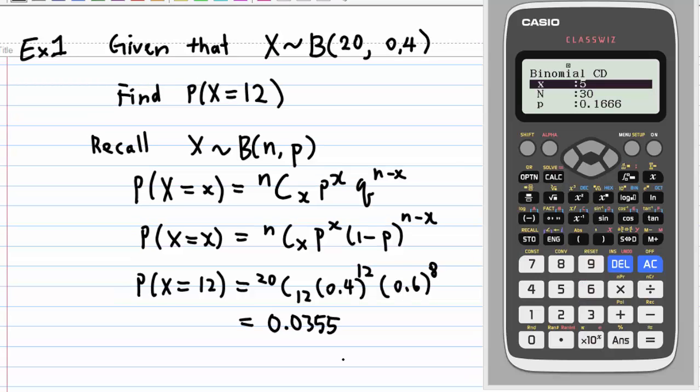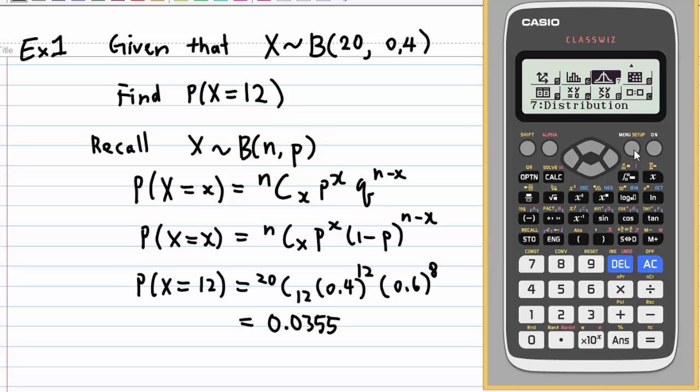We can also get the same answer by using the Casio fx-991EX. First, we go to menu. Then 7 is the distribution, so equal. Then we look at binomial probability density function 4. Then we calculate based on variable 2.